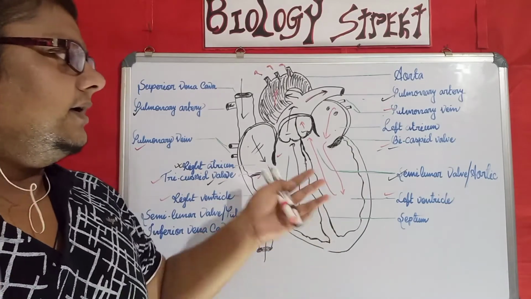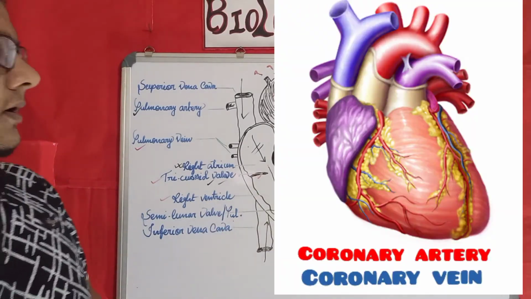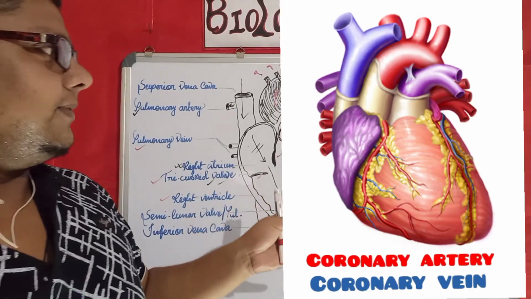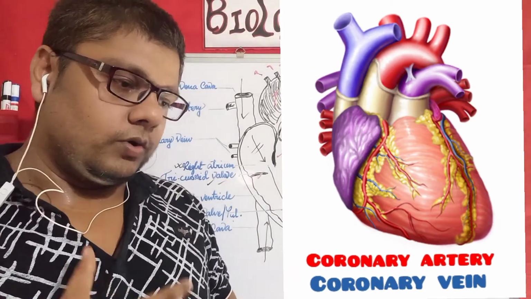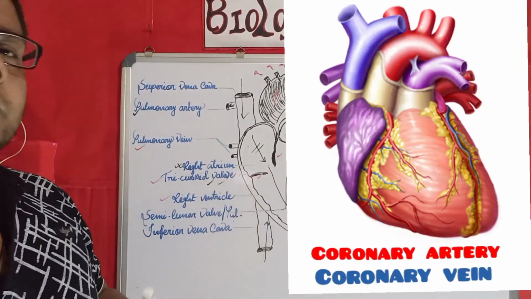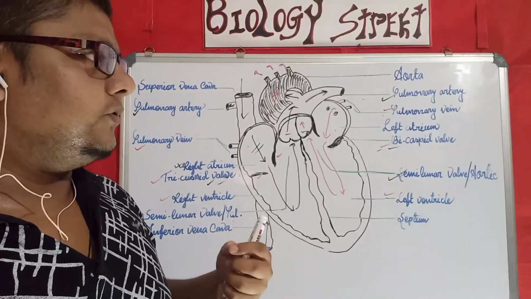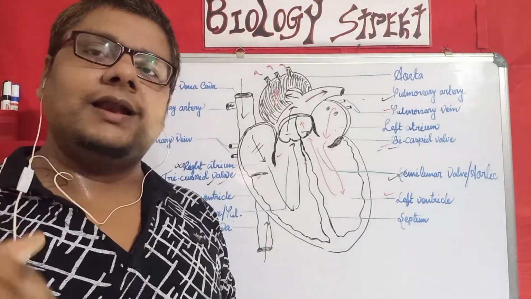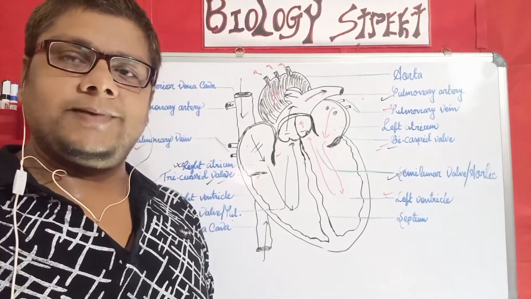But where? In this diagram you can see the red parts are the coronary arteries that carry the purified blood and provoke the muscles to work properly, and the blue parts are the coronary veins that receive the impure blood and put it back into the heart to pump it to the lungs, and later the lungs will purify this blood also.